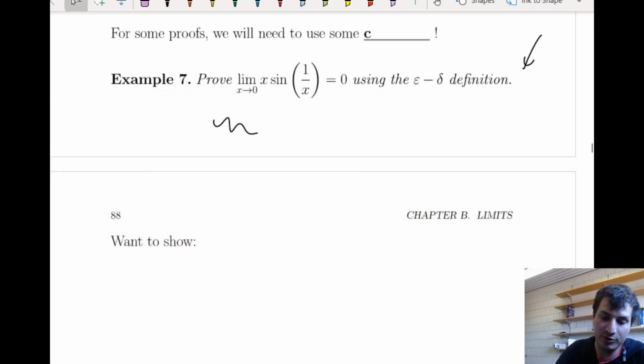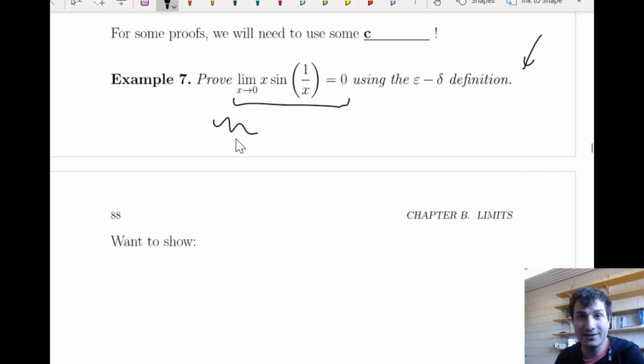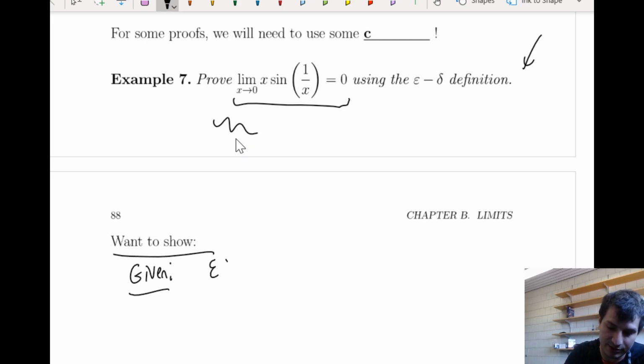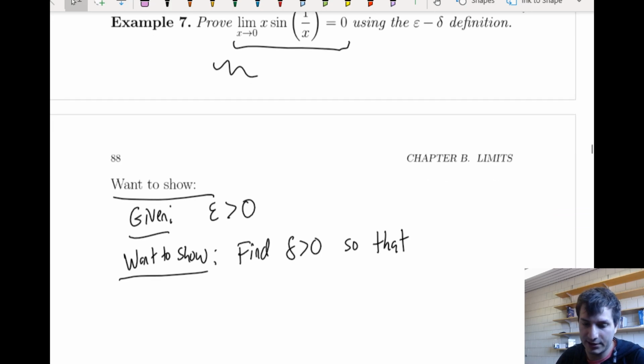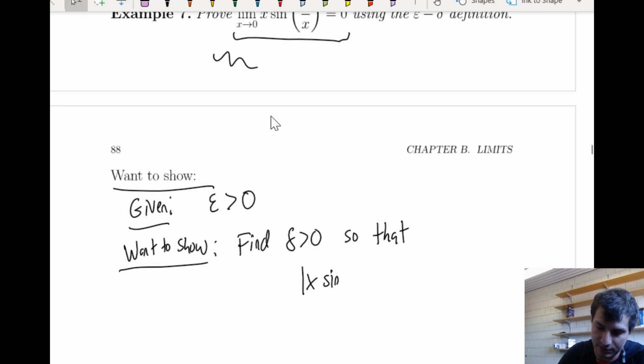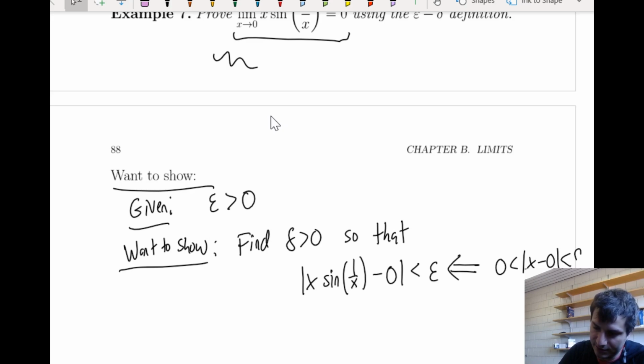Example 7. Prove that the limit as x goes to 0 of x sine 1 over x equals 0. What do you want to show? Well, we're given some epsilon greater than 0, and we want to show that we can find delta greater than 0 so that the absolute value of x sine 1 over x minus 0 is less than epsilon whenever x is within delta of 0.